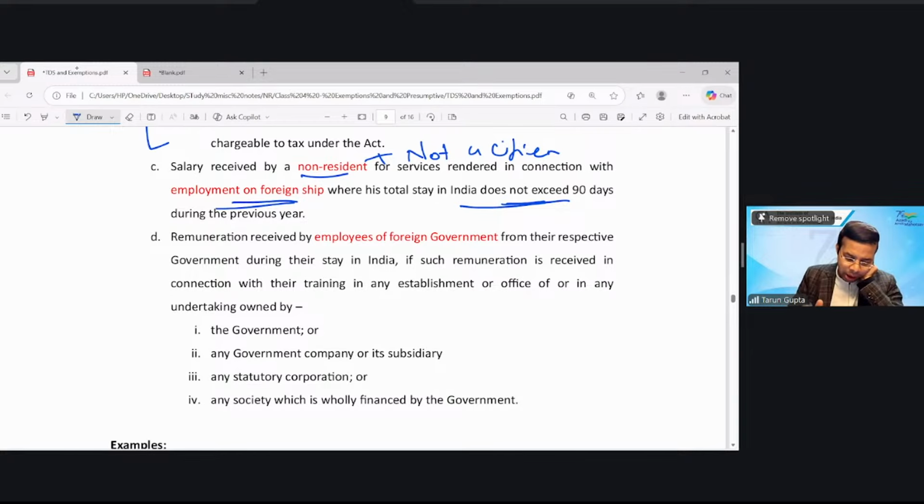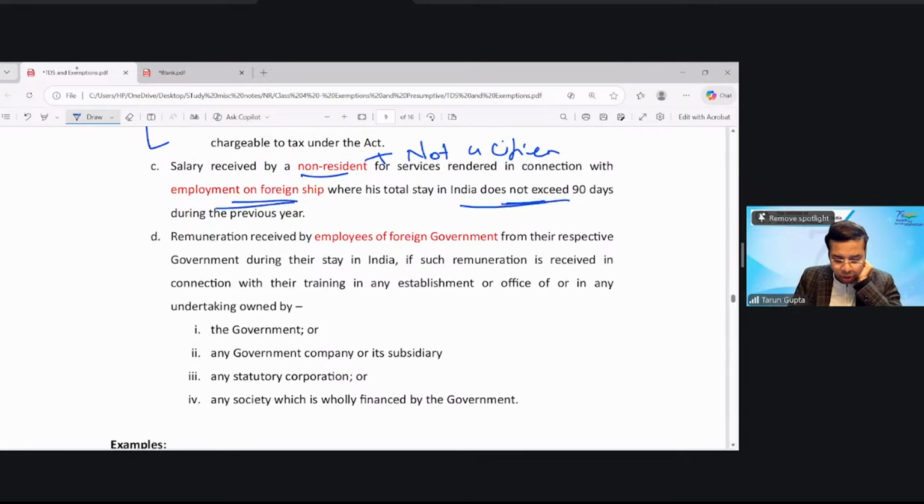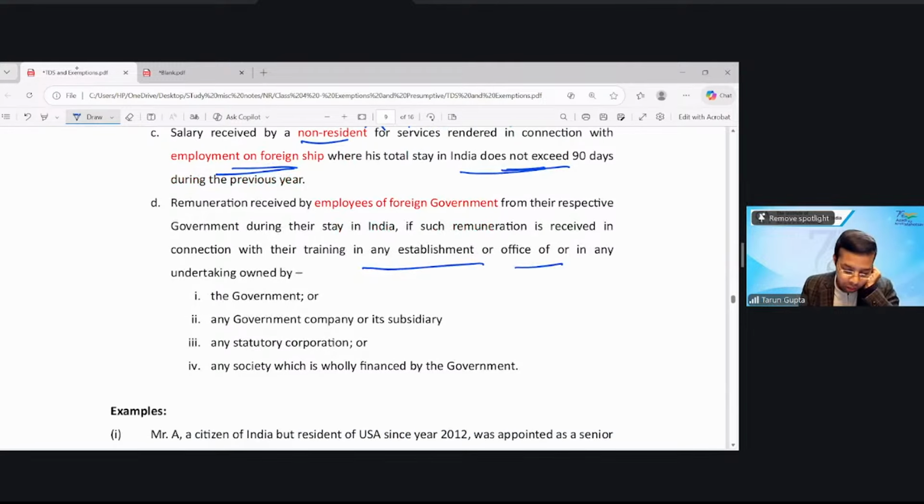Last exemption: remuneration received by employees of a foreign government from their respective government during their stay in India. Yeah, good one. So foreign government employees are coming into India. If such remuneration is received in connection with their training in any establishment or office or in an undertaking owned by the government, company or subsidiary, statutory corporation or any society which is wholly financed by the government.